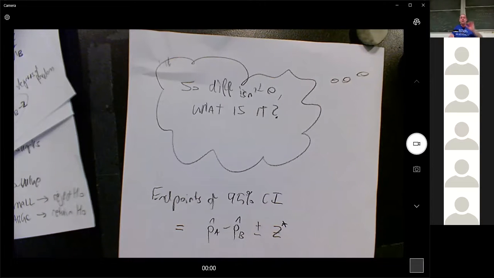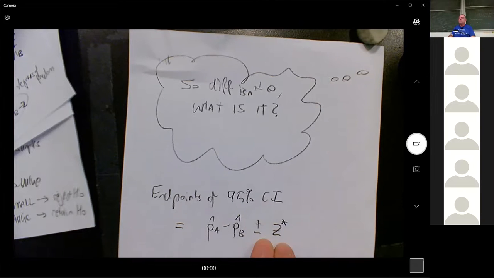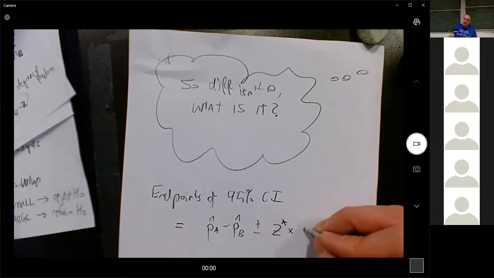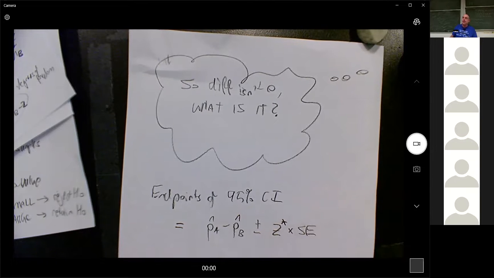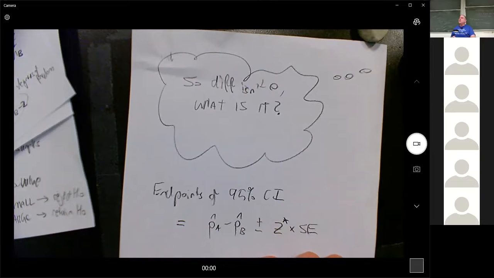So if you would use t for your test statistic, you'd put a t in this spot for your confidence interval, times the standard error. And when you're using t's, or when you're doing things with means, the standard error is the same as the standard error from making the test statistic. But when you're doing proportions, the standard error is different because reasons.